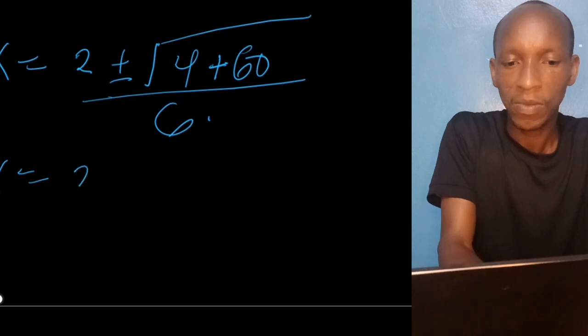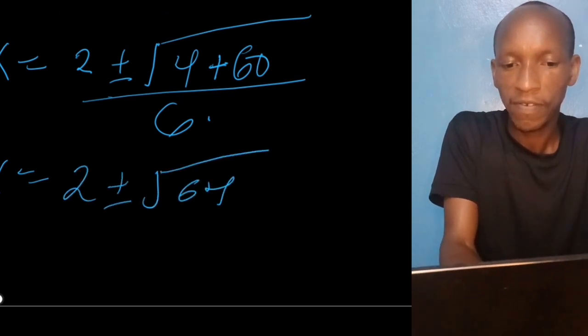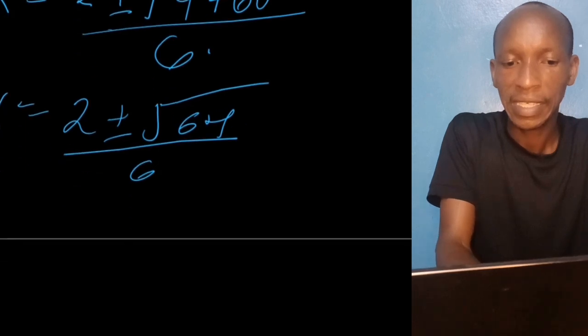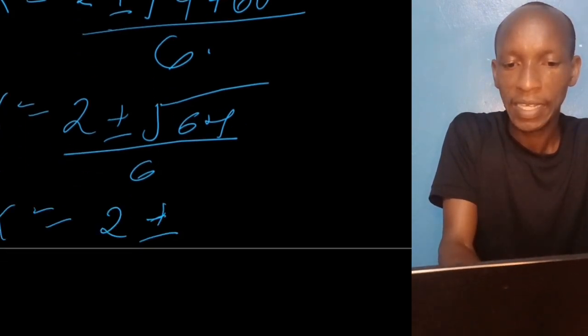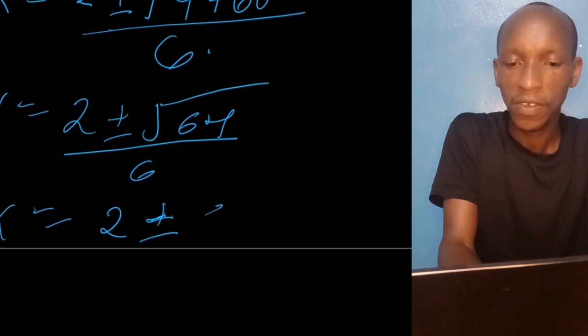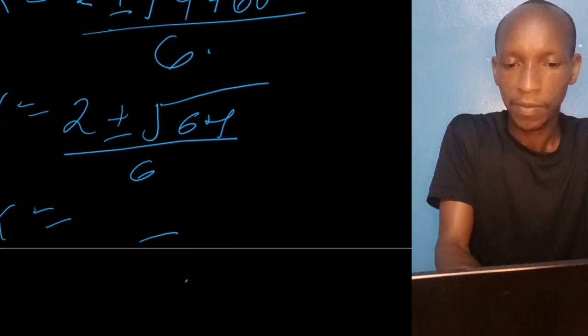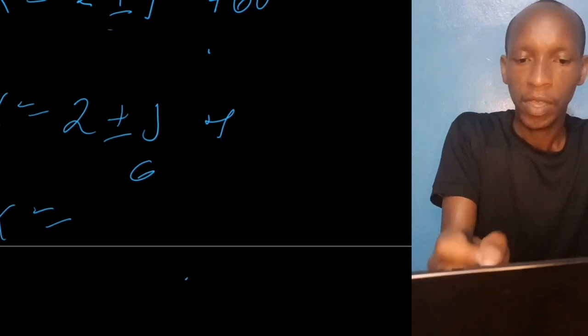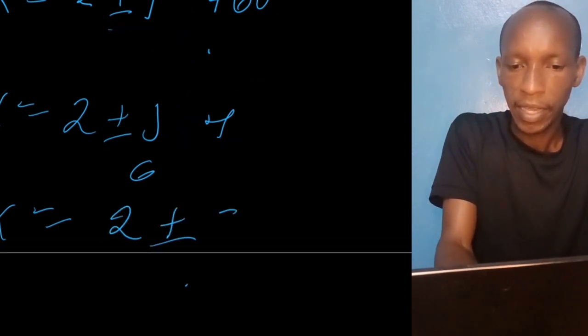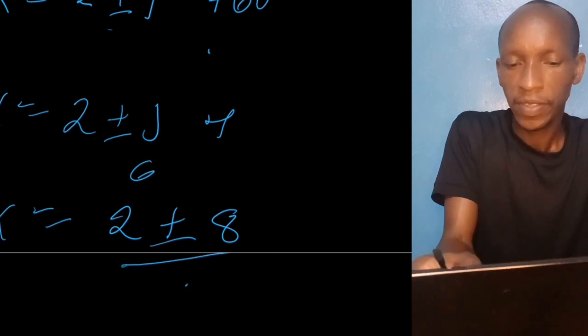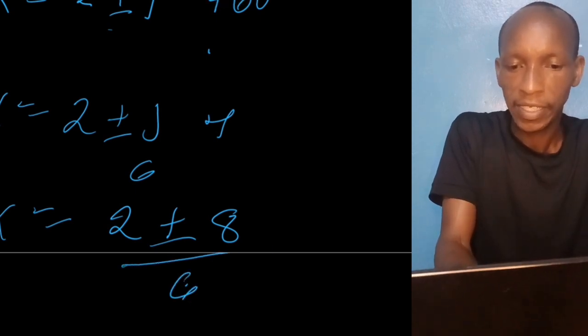So x is going to be 2 plus or minus the square root of 64 divided by 6. The square root of 64 is 8. So x is 2 plus or minus 8, everything divided by 6.